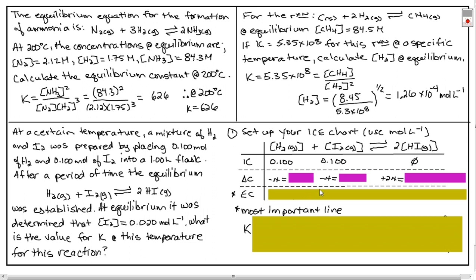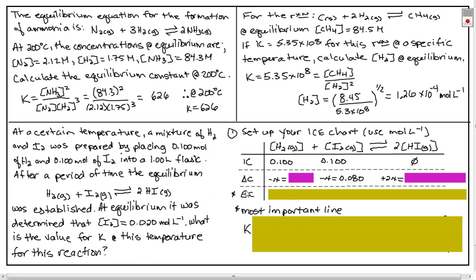Now we know that we went from 0.10 moles of I2 to 0.02 moles of I2. So if I take 0.1 moles and subtract 0.02 moles, I will get my change. And this is pretty straightforward. When I do that, I find my change to be 0.08 moles per liter.